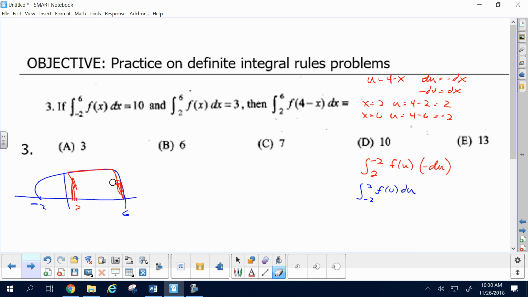So, I get the area from negative 2 to 2 by talking about how these compare. Isn't this the same as if you went all the way from negative 2 to 6, think of it just in terms of segments. Negative 2 to 6 would be that whole way, and then take away 2 to 6.